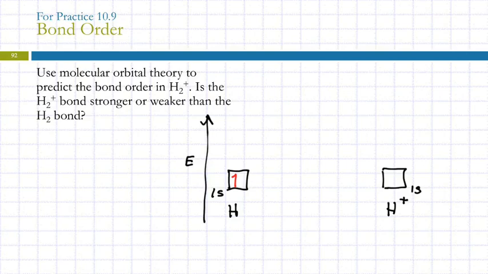So we make the molecular orbitals through the linear combination of these 2 1s orbitals. And so we're going to get 2 molecular orbitals. One's going to be lower in energy, one's going to be higher. So we're going to get 1 down here and 1 up here.